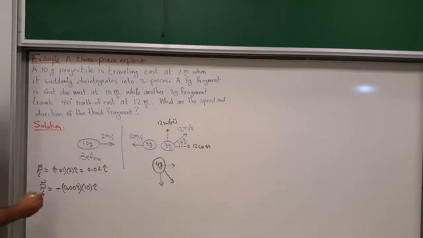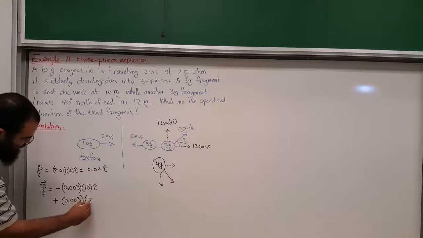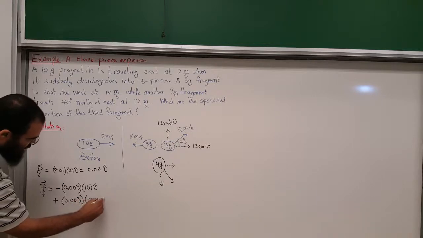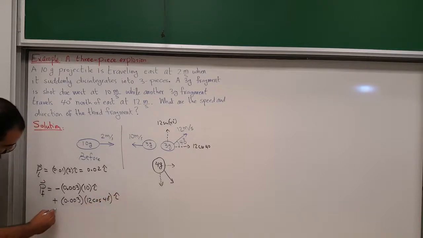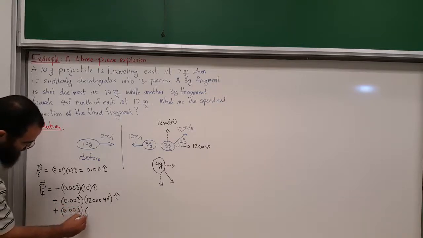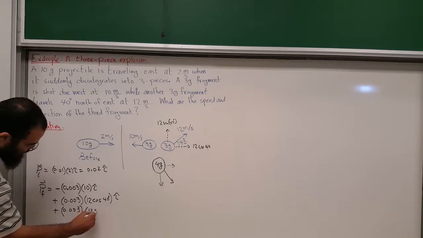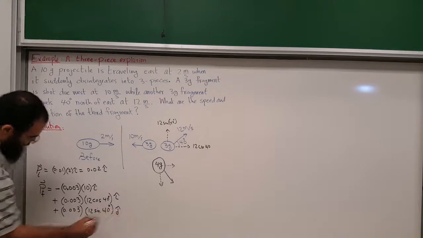So for the other one, it would be plus, the mass is also 0.003 times 12 cosine of 40 degrees, that's the x component of velocity, so that's i hat. And then plus 0.003 times the y component of velocity, which is 12 sine of 40 degrees, and that's j hat.